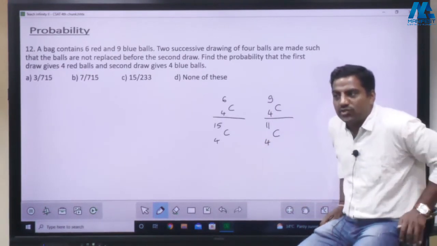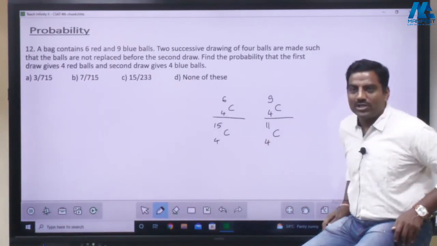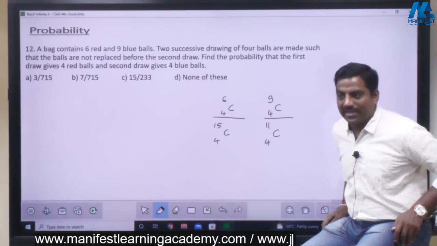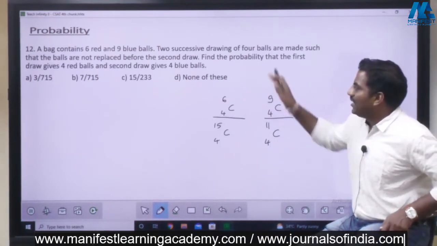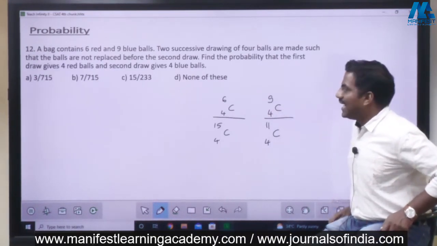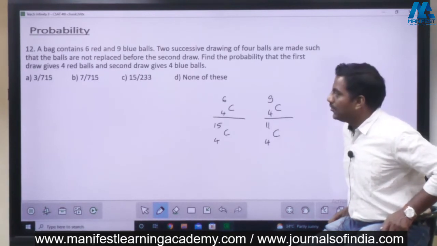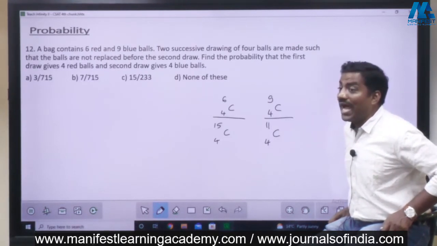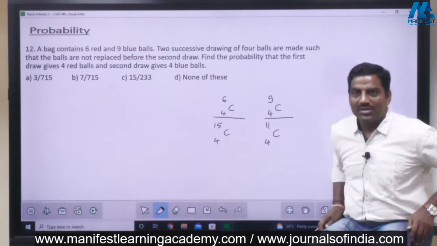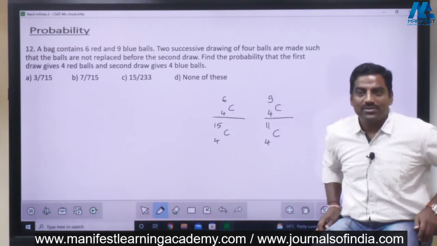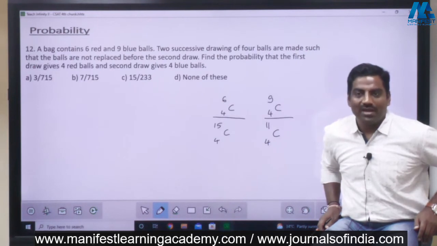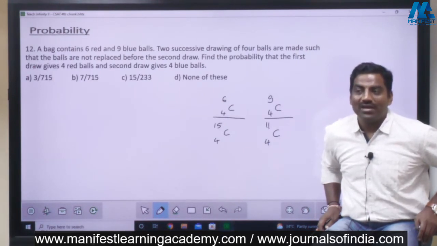After the 4 balls are drawn, we are keeping them aside. And what is the event here? Find the probability that the first draw gives 4 red balls and the second draw gives 4 blue. So my event will be over when? When both the things are done.